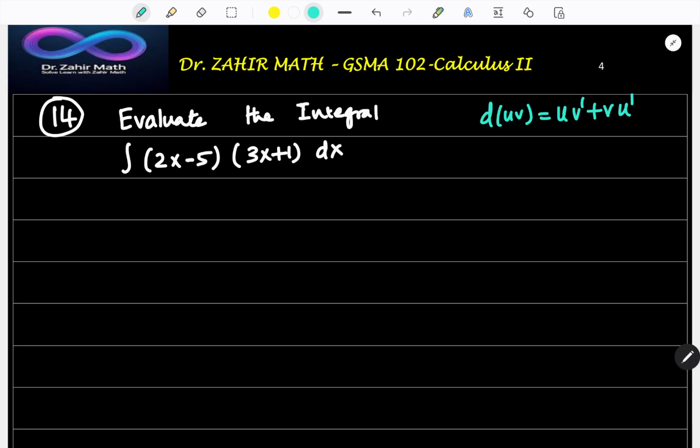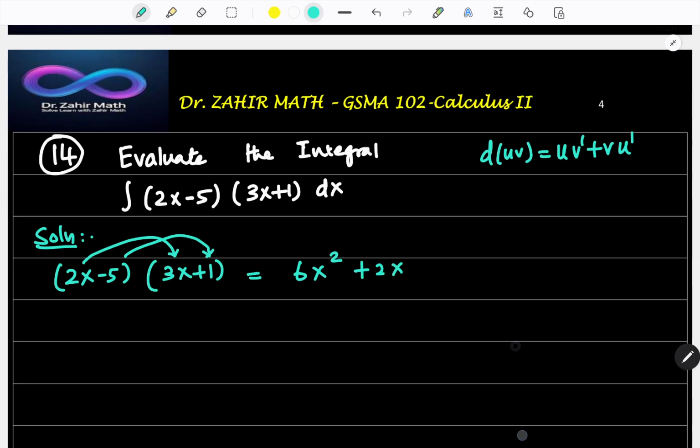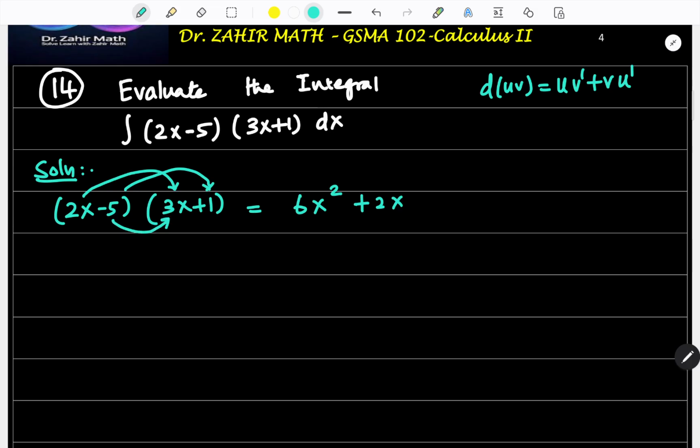So what I'm going to do, I'm going to multiply this 2x minus 5, right? And then 3x plus 1 by normal multiplication. That is using algebraic ideas. 2x into 3x, how much? Which is 6x power 2. 2x into 1, how much? Plus 2x. Okay. And then minus 5 into 3x, how much?